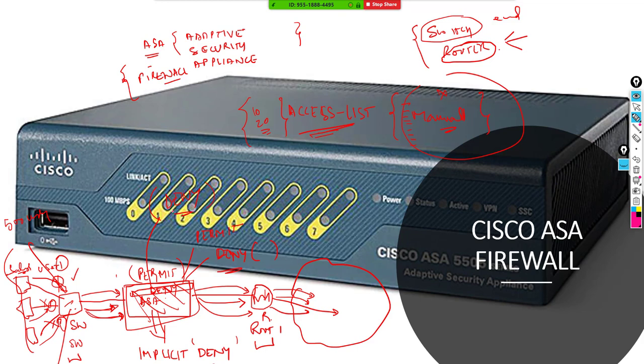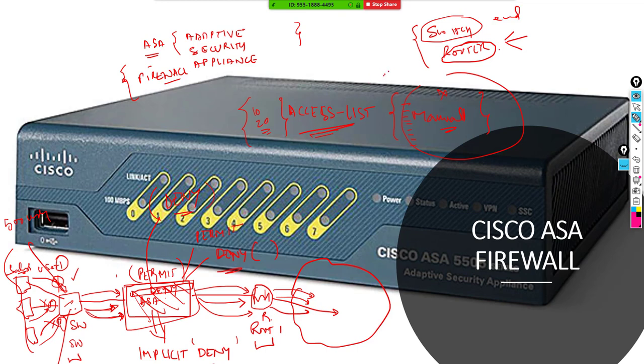Because everything is denied. Now we will give the permission to only those users who need the connection, need the internet connectivity. The rest are by default falling under the deny bracket, right? So we don't have to worry about writing any deny statement. So that is the main importance of a Cisco ASA firewall, which is kept inside the LAN network.